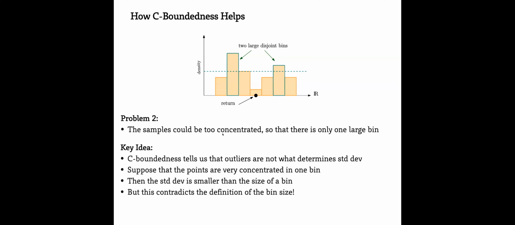Then it must be the case that our standard deviation is actually smaller than the size of the bin. But we can now use this to conclude that our bin size was wrong, because our bin size was supposed to be an approximation of the absolute expected deviation, which should be smaller than the standard deviation by C-boundedness, and so we arrive at a contradiction. It's kind of an interesting circular path to a contradiction, but here again, the high-level point is that C-boundedness helps us dodge this problem entirely.